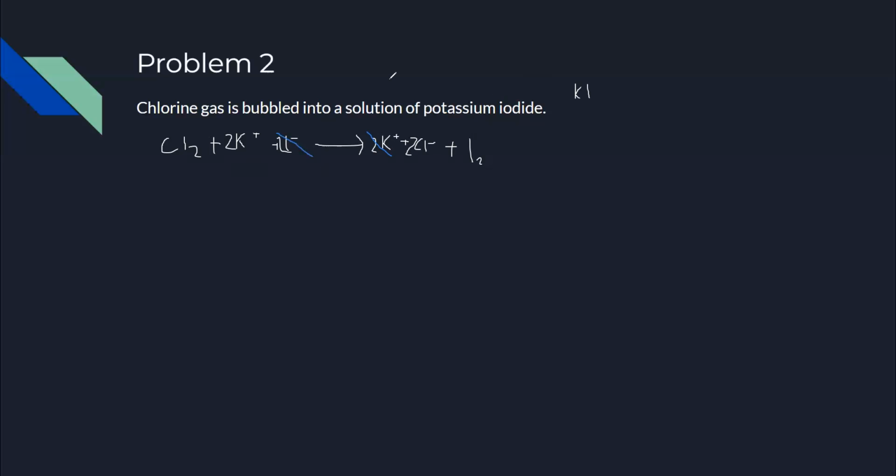So you just have Cl2 plus 2I minus makes 2Cl minus plus iodine, I2.